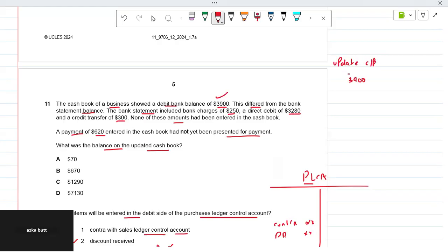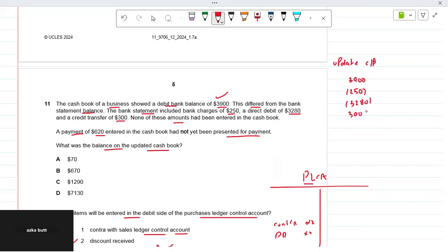So bank charges, this reduces the bank balance. So we will subtract the 250. Okay. And direct debit, this reduces the bank balance. So again, we need to subtract 3280. Okay. And the credit transfer, which is equal to 300, this increases the bank balance. So that's why we will add 300. Okay.